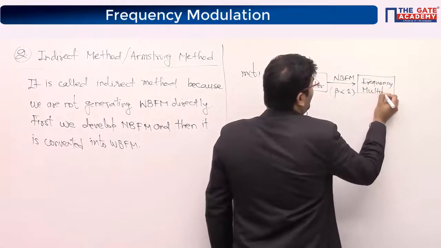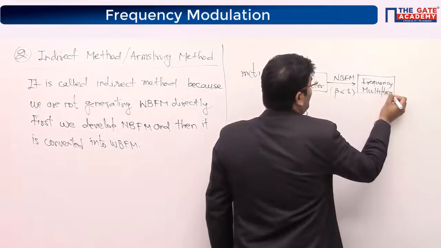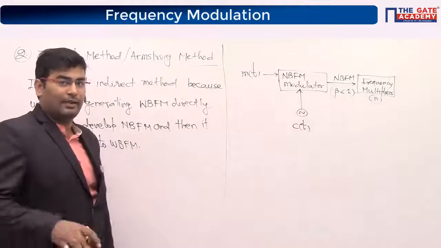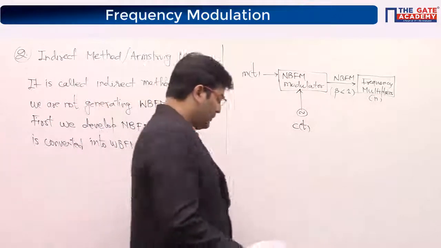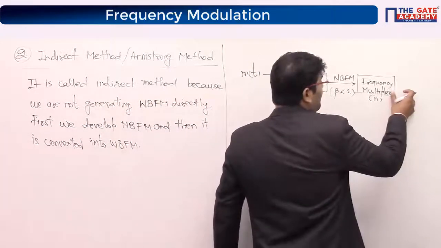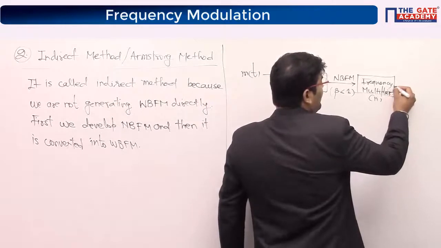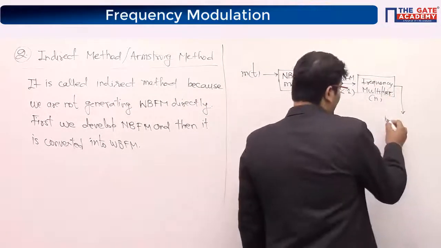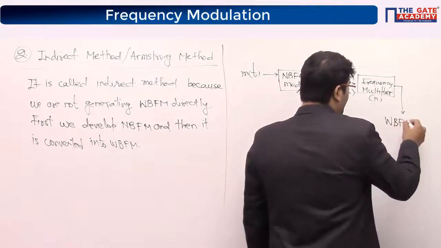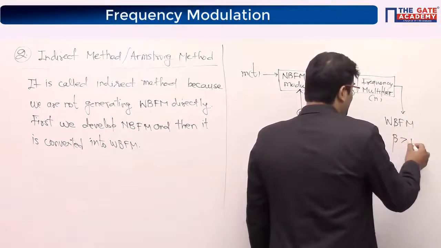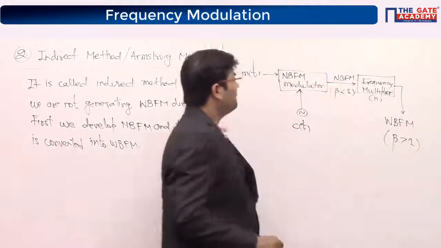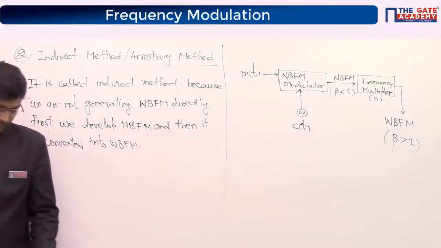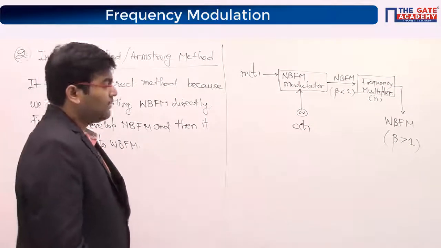I know a lot of people are thinking, what is this frequency multiplier? So it's an n times multiplier. I will explain in detail what a frequency multiplier is. So we give it to the frequency multiplier, and whatever output you get becomes wideband FM, and beta is greater than 1. Please draw this. So what is going to happen?